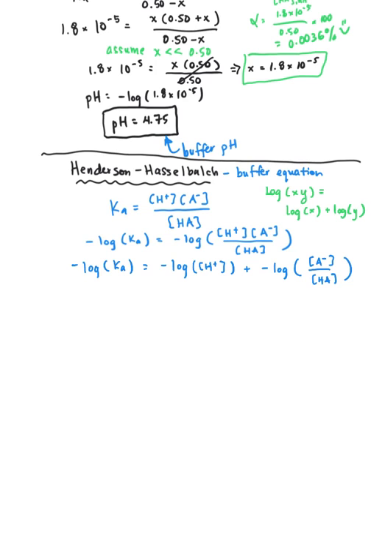Now, what we're going to do is recognize some of these terms as quantities we've already labeled with important symbols. The negative log base 10 of Ka is the pKa of an acid. And the negative log base 10 of H+ concentration at equilibrium is pH.